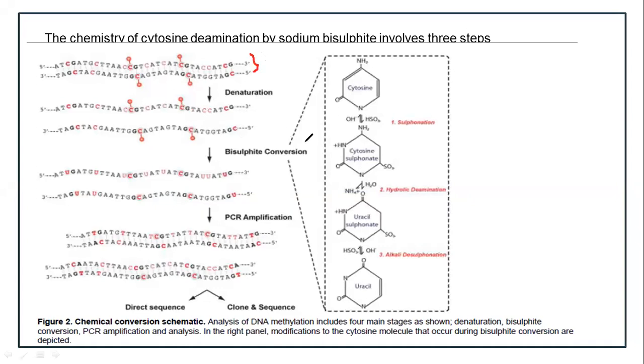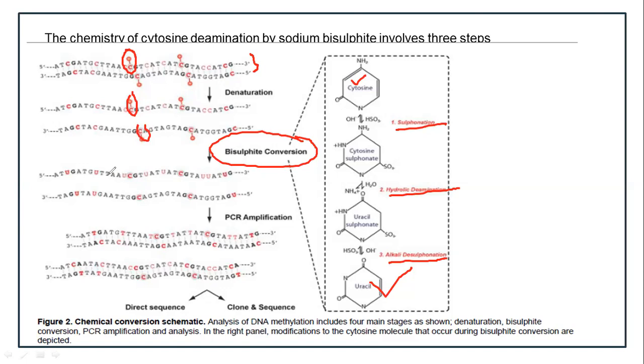Now see the bisulfite reagent: the first step is sulfonation, then hydrolytic deamination, and then alkali desulfonation. Normal cytosine is converted into uracil. Methylated cytosine is protected and remains as cytosine after bisulfite conversion.